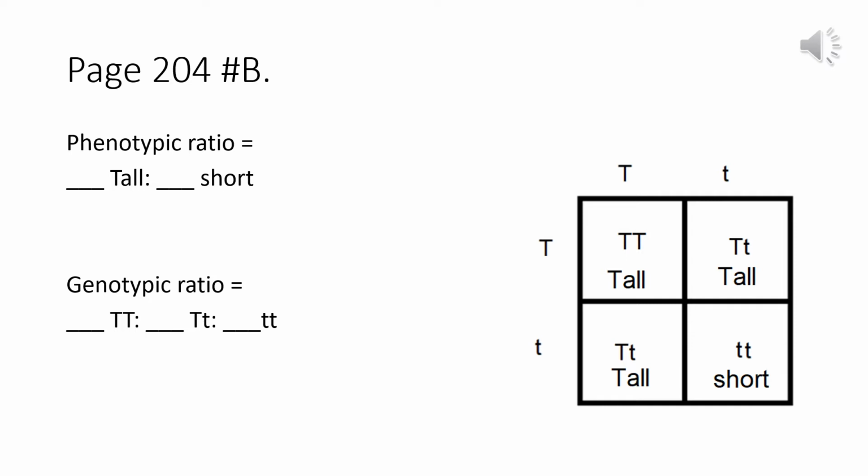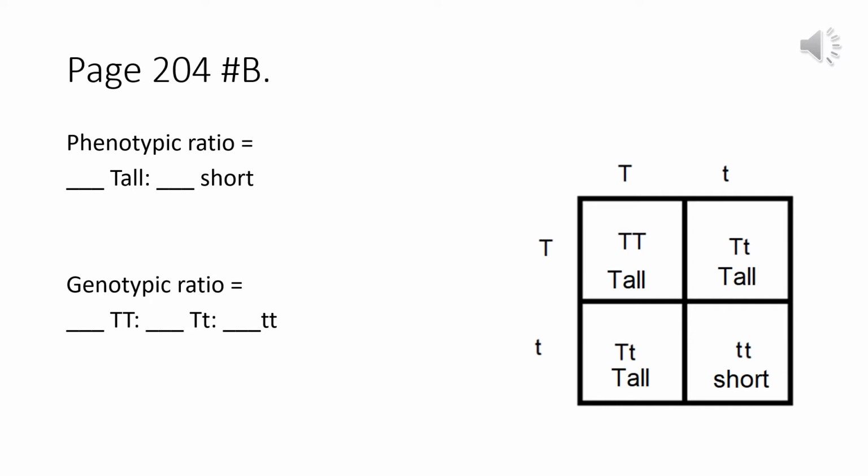The genotypic ratio counts the different genotypes. Notice that homozygous dominant, big T, big T, is different from heterozygous dominant, big T, little t, although they both end up being tall. Now, little t, little t is obviously a little different because he ends up with a short phenotype, but you would count how many are big T, big T. 1. How many of them are big T, little t? 2.